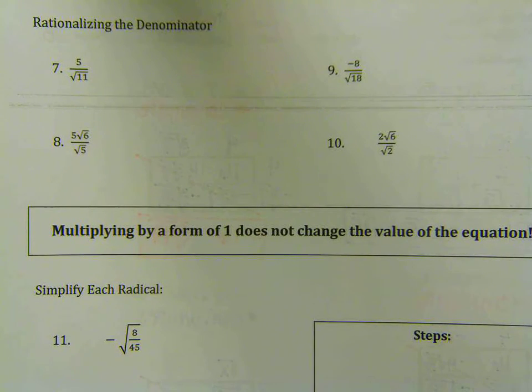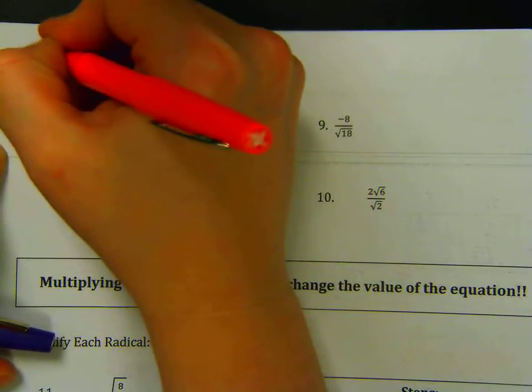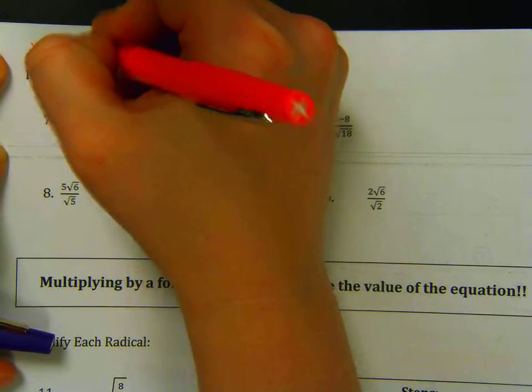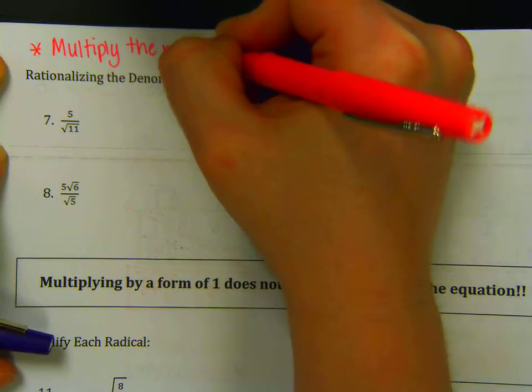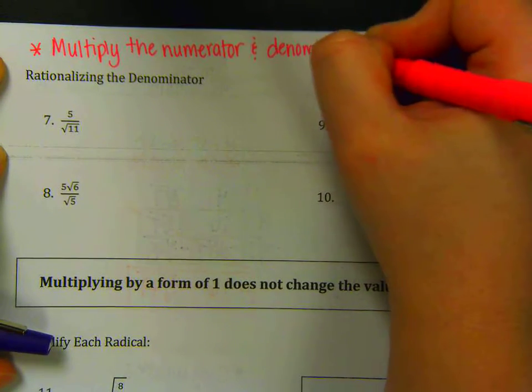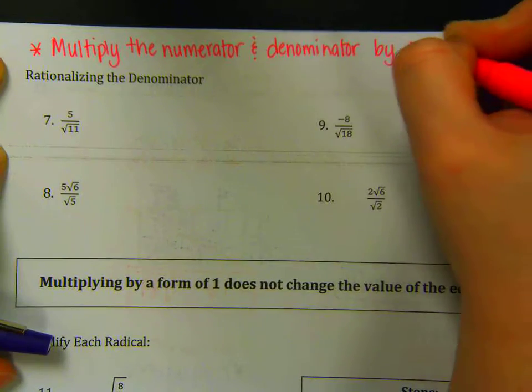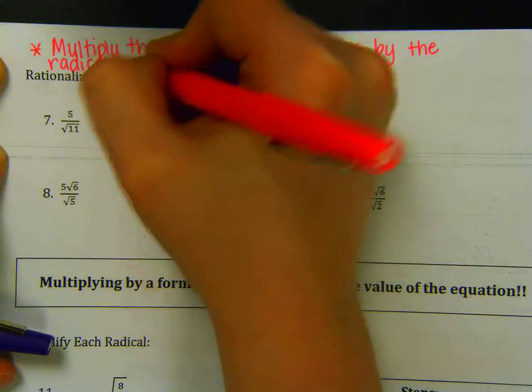So in order to get rid of the radical in the denominator, I need to multiply by a form of 1, so I don't change the problem, but so that I can get the radical out of the denominator. And to do that, and I would like you to write this at the top, you're multiplying the numerator by the radical in the denominator.